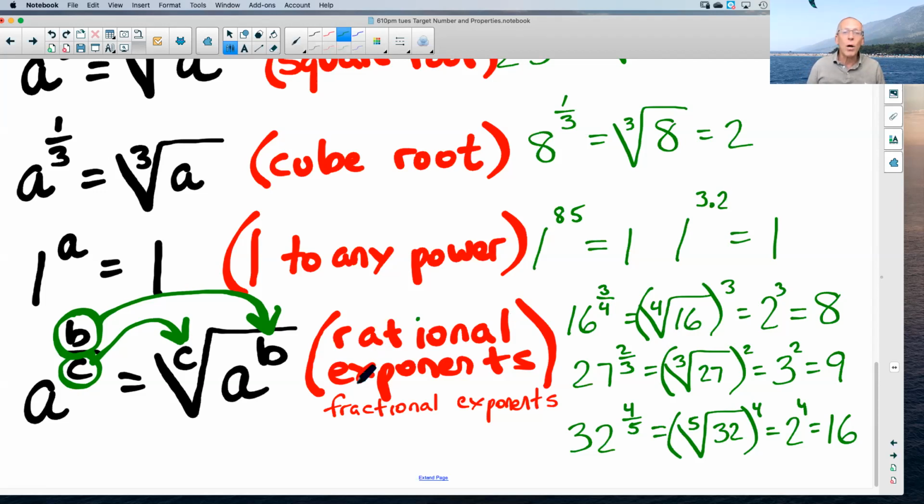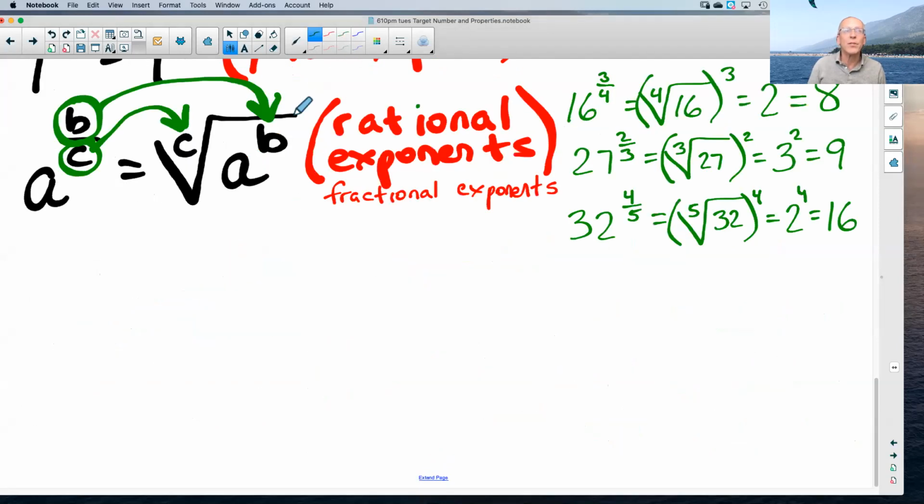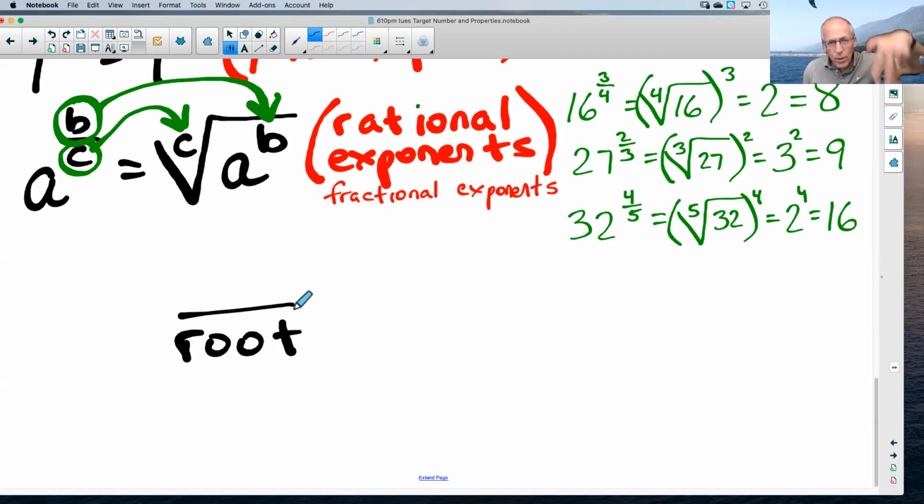Her name was Galt. And Galt said, hey, I got to have an easy way to remember this. You ready? The bottom of a fraction is kind of like the bottom of a plant. It's the root that goes into the ground. And the top of the fraction goes to the sun, the power.